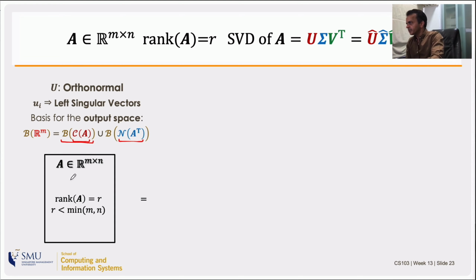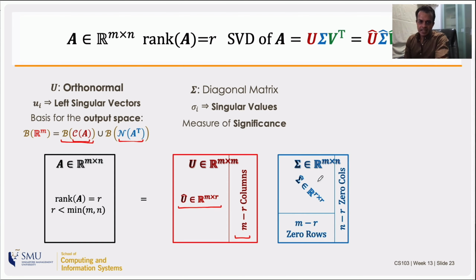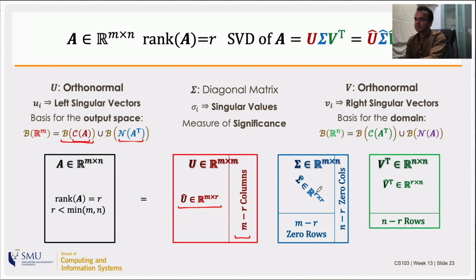So our matrix A can be written as a matrix U, which is a basis for the output space, the codomain Rm. So it is an m by m matrix, and it has a U hat that is just the basis for the column space, and then there are m minus r columns that are the basis for the left null space, times some scaling factors, and again we have r of them, in the diagonal positions of this sigma matrix, and everything else will be 0. And then we have V transpose, and V is a basis for the input space Rn.